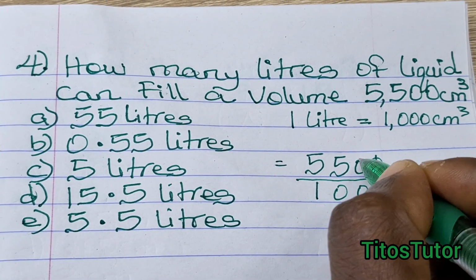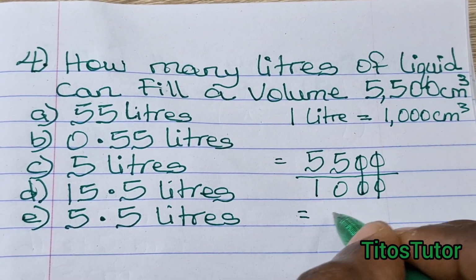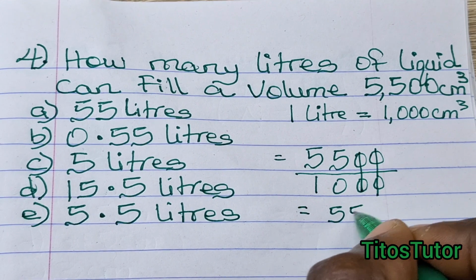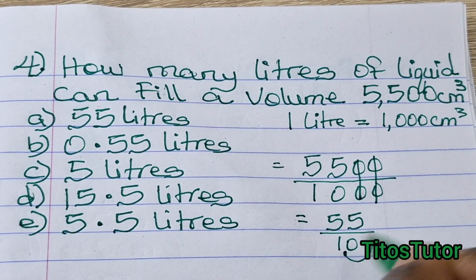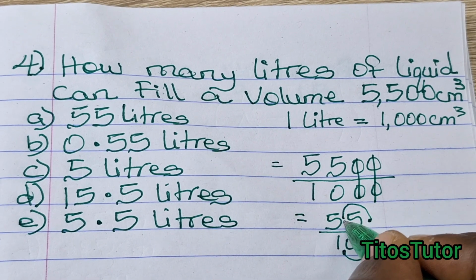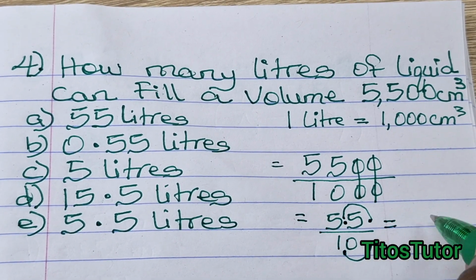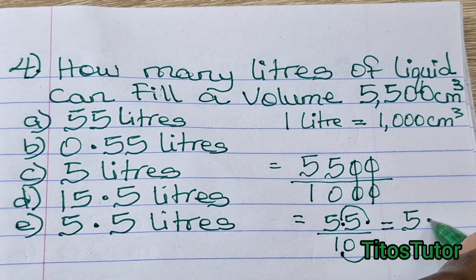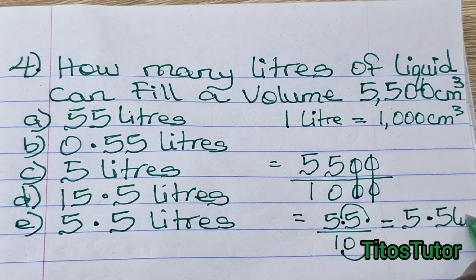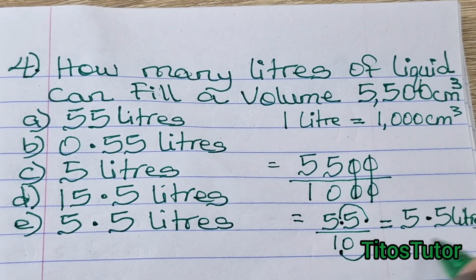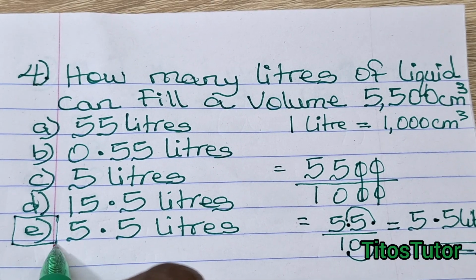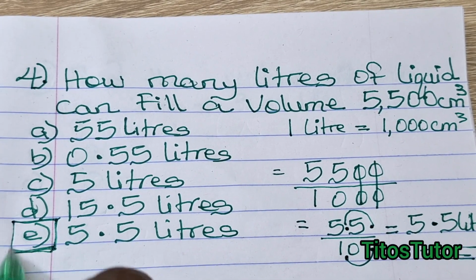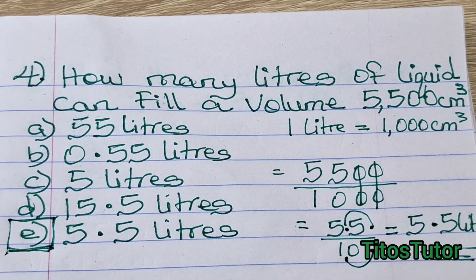You see, these two zeros cancel each other. So I'm left with 5, which is 55 over 10. I bring this decimal here and this decimal here. That's how to divide by 1 and zeros. So I have 5.5 liters, final answer. And I choose the option E because that's 5.5 liters.